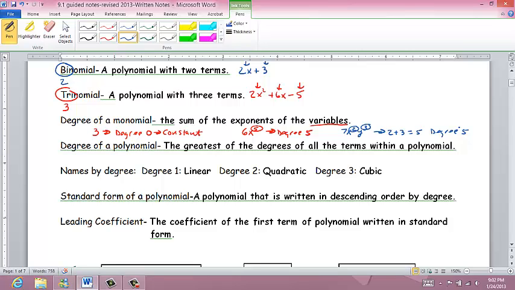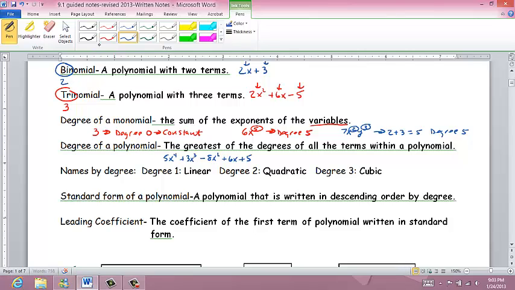Now, that brings us to the degree of a polynomial. Well, a polynomial could have up to, say, 8 terms. How do we determine what the degree of the polynomial would be? Well, we take each individual term and find the degree of the terms. The term with the highest degree is the degree of the polynomial. Such as, let's take the polynomial 5x to the fourth plus 3x to the third minus 8x squared plus 6x plus 5.